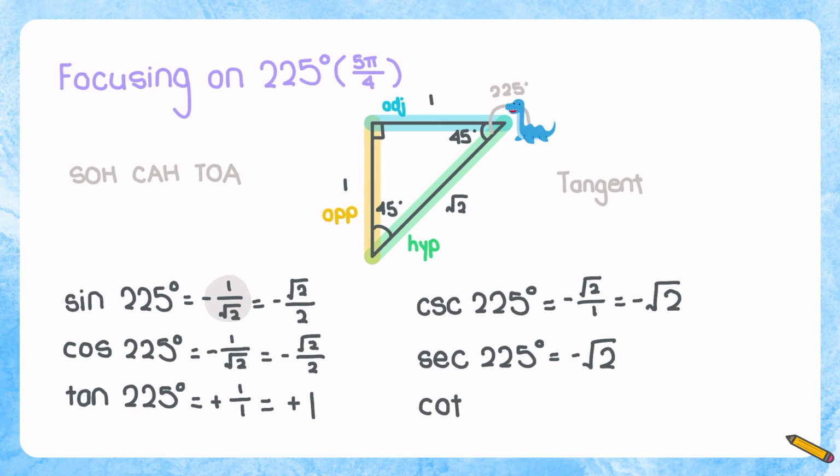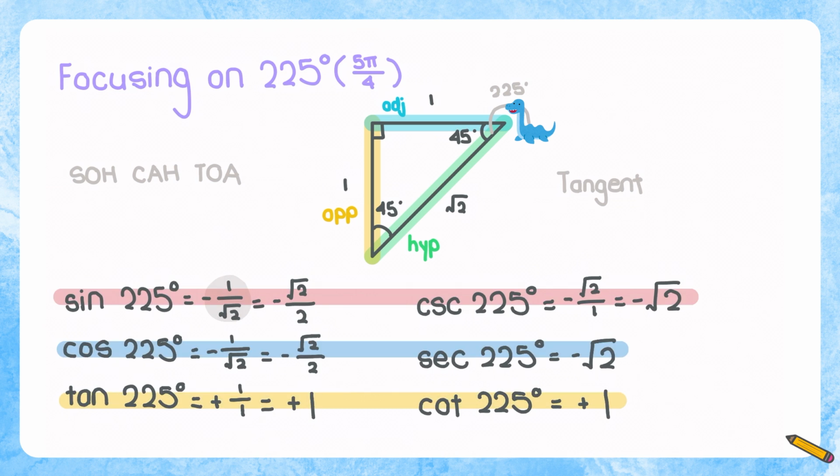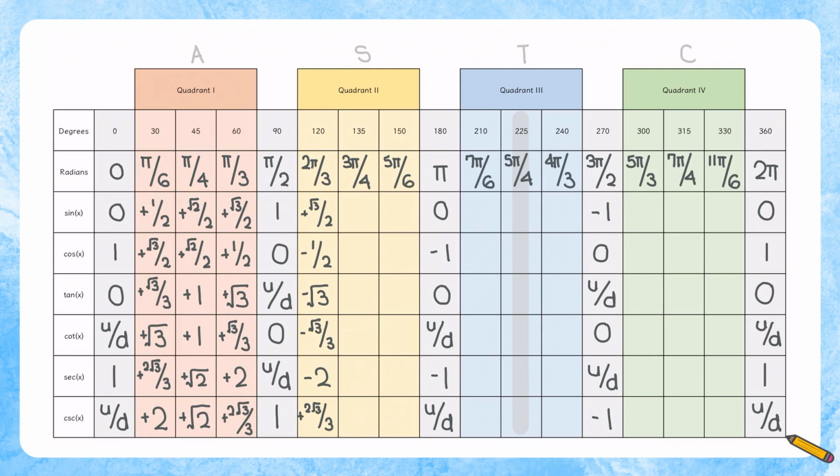And lastly, cotangent of 225 degrees will be positive, and the reciprocal of 1 is just 1. So since we were in quadrant 3, now only tangent and cotangent values are positive. So here I'm going to write in these values for 225 degrees.